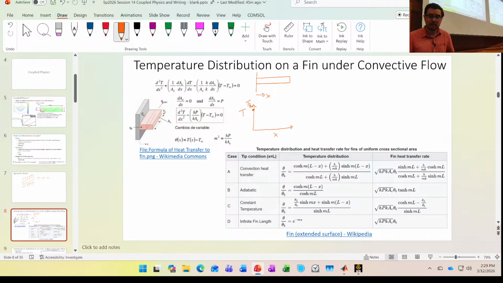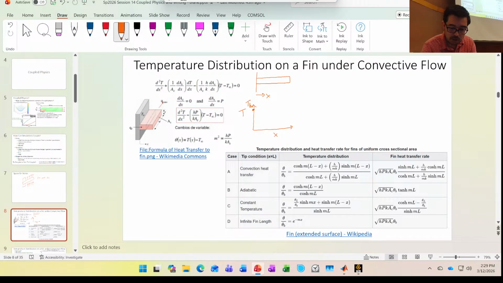It depends on how long it is, and on whether you're specifying the temperature at the end of the fin or not. But more or less, it's going to go something like that. I think I want to do something more like that.